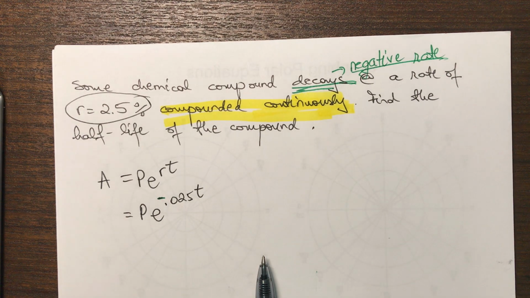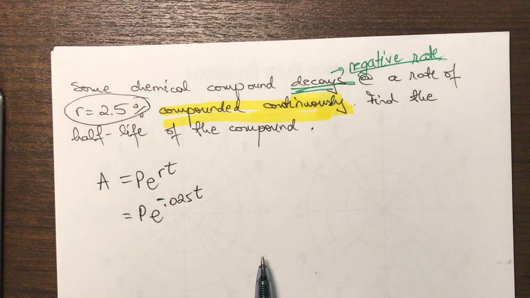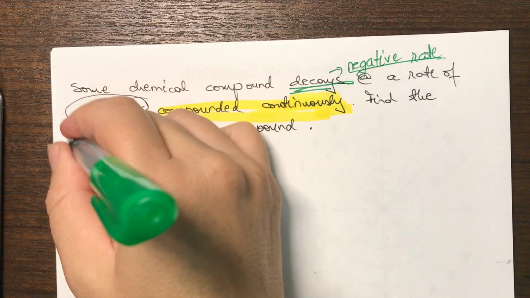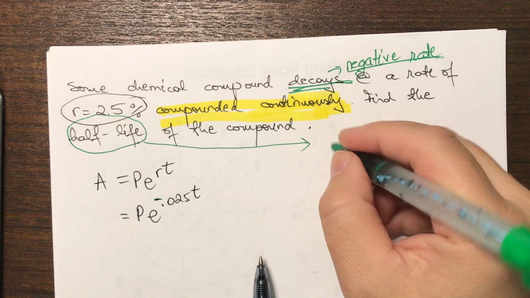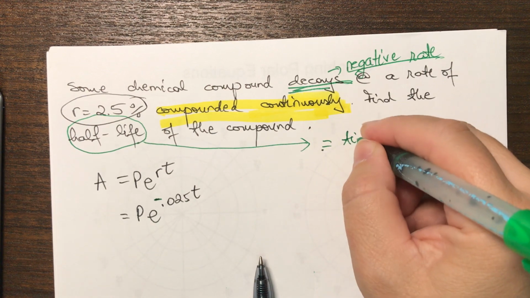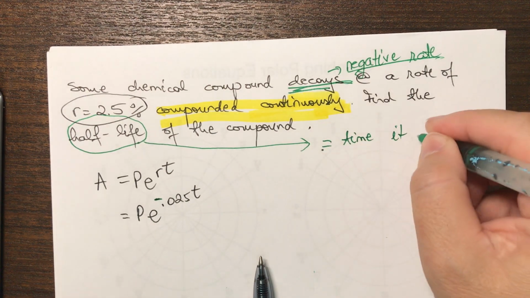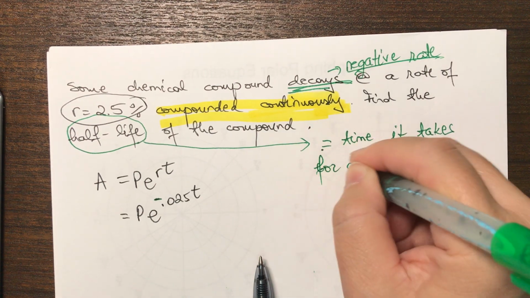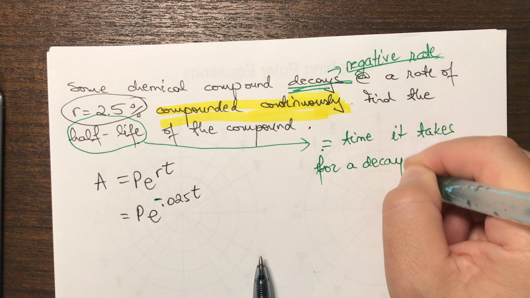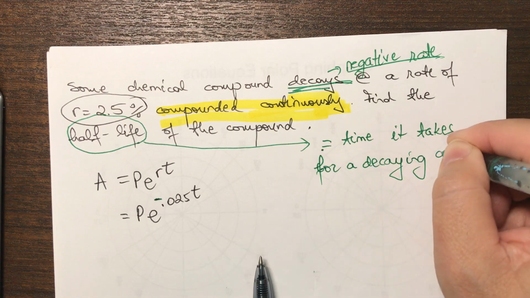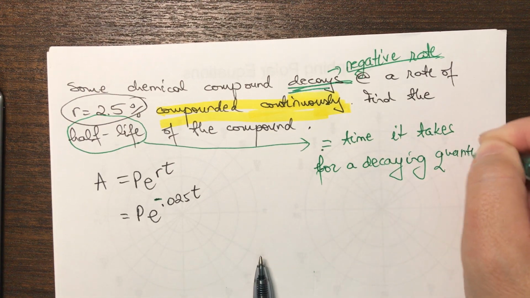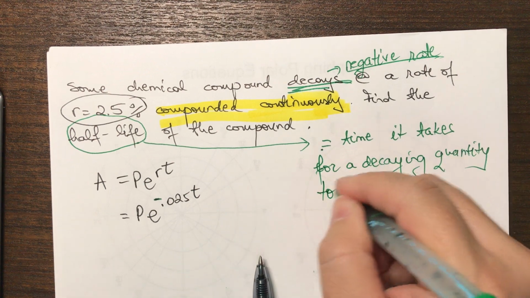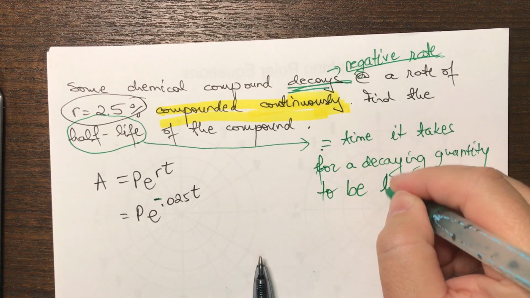All right, so same as there's a doubling time, there is what we call a half-life. So a half-life is simply the time it takes for a decaying quantity to be cut in half, or to be left with just half.